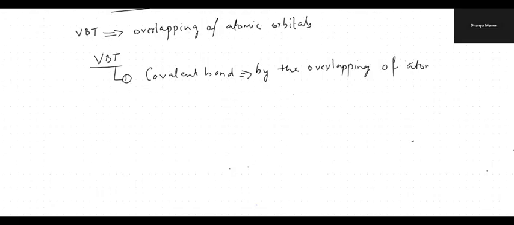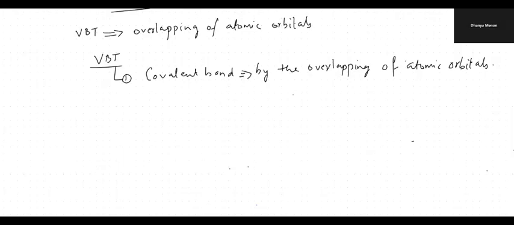So when the overlapping of atomic orbitals takes place, then a covalent bond is formed. And this was proposed by Pauling and Slater. They were the scientists who suggested this theory.